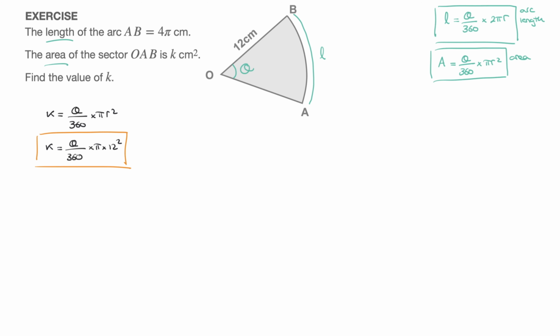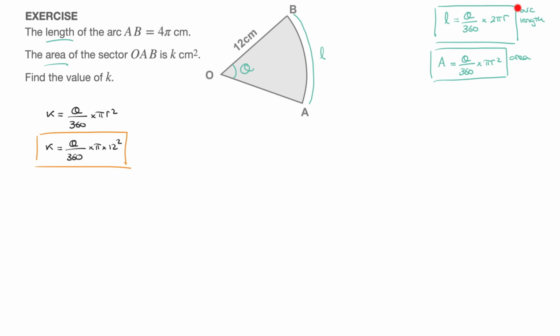And so the next thing we need to do is figure out what this angle is. For that, we turn to the other bit of information we were given in the question: the fact that the length of the arc AB is equal to 4 pi centimeters. In other words, this length here equals 4 pi.